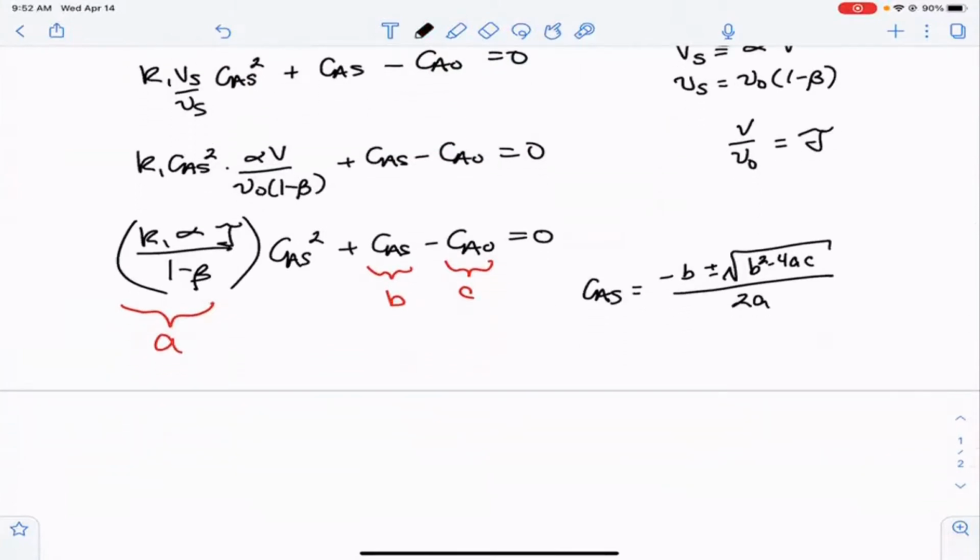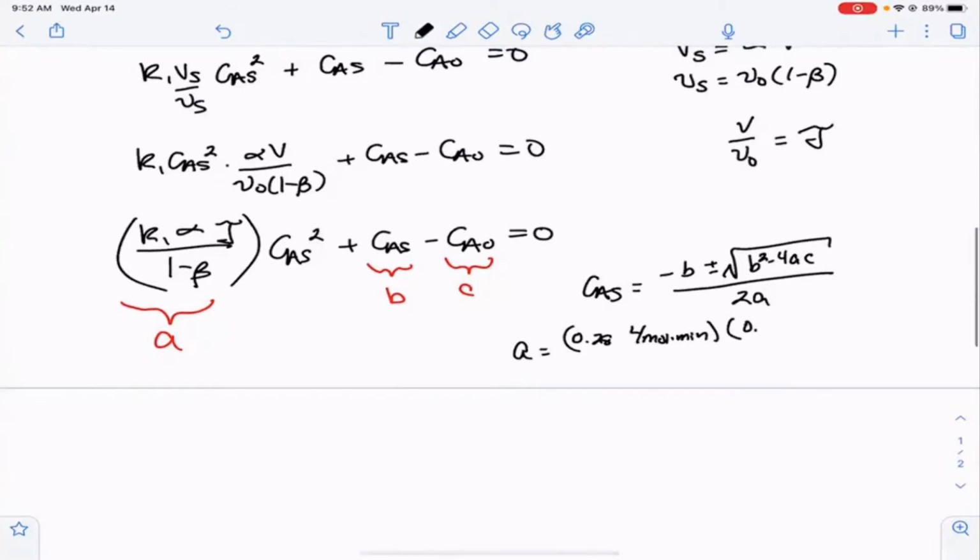Now, we know from our problem the value for each one of these, right? So A here is equal to K1 tau alpha over 1 minus beta. K1 in the problem statement is 0.28 liters per mole minute, times alpha, which was 0.7, times tau.